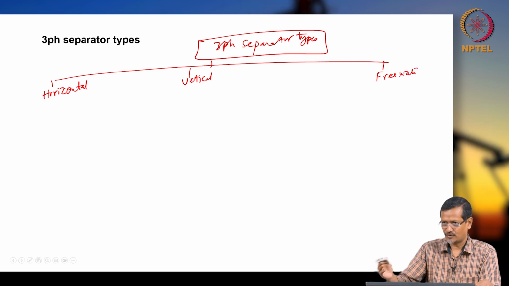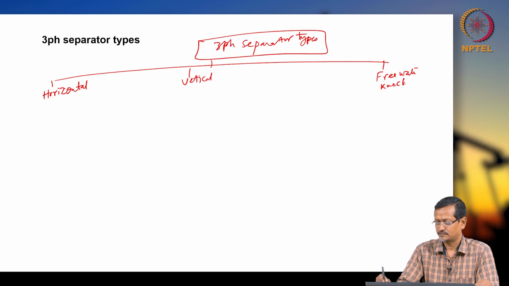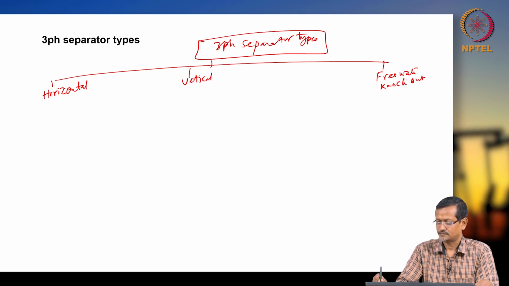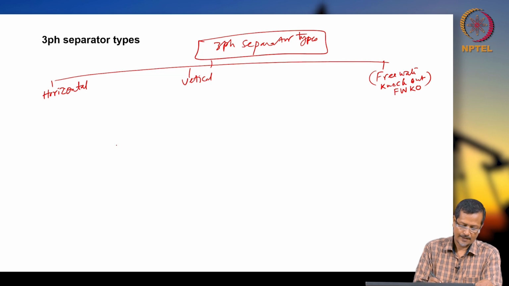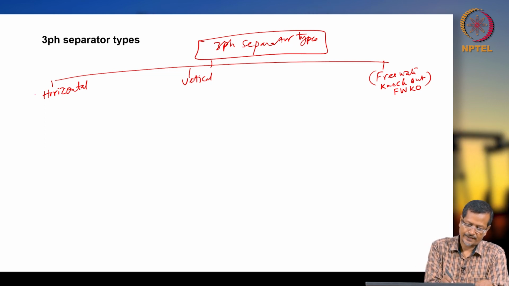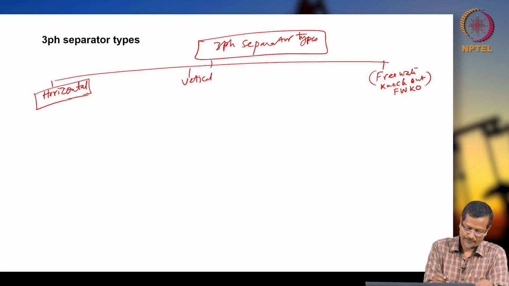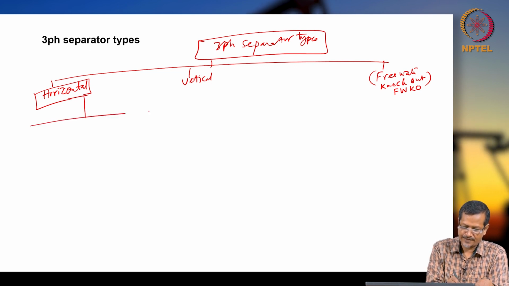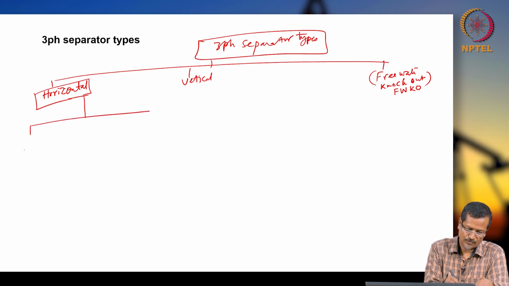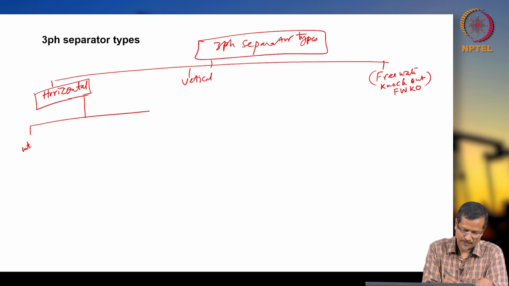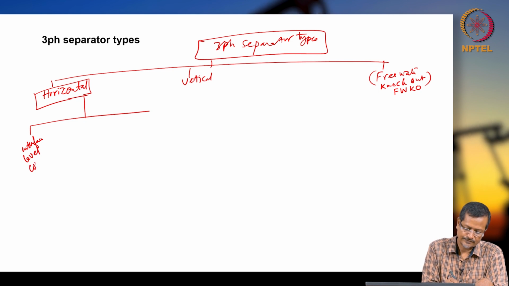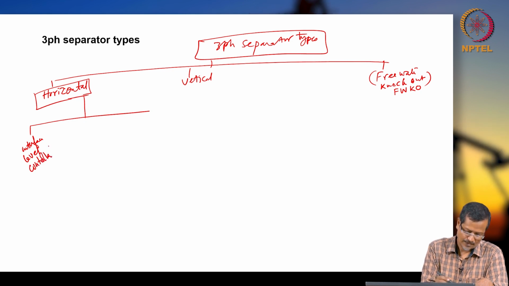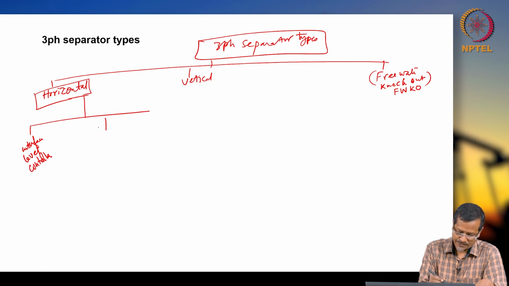This can also be vertical or horizontal. The short form they say is FWKO. When you are talking about horizontal, again they have defined basically three types. One will be the interface level controller type, and another is bucket and weir.